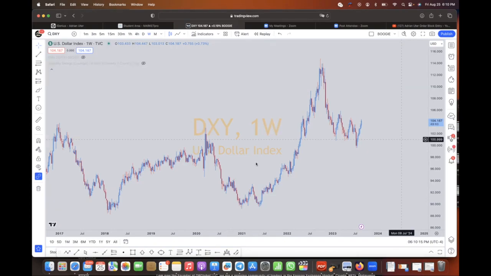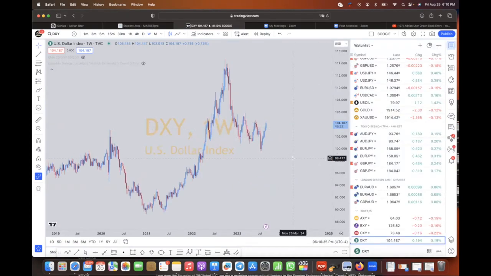Why is this important? Because we are able to utilize the movement of the dollar index in association with different pairs. So for example, anything with USD, if we're doing USD JPY and the dollar index is going up, USD JPY will also go up. Let me type this so y'all can see.